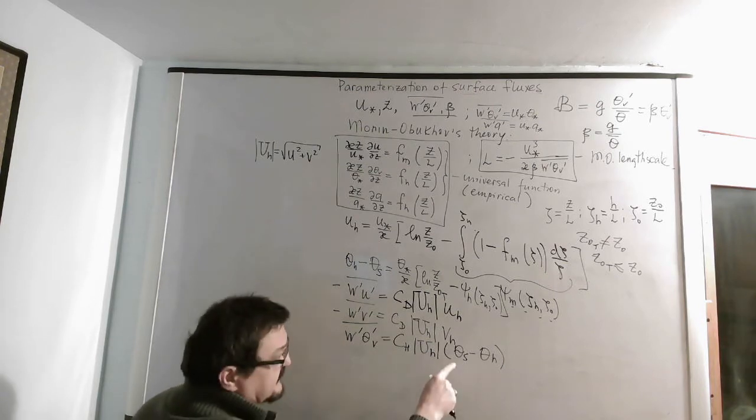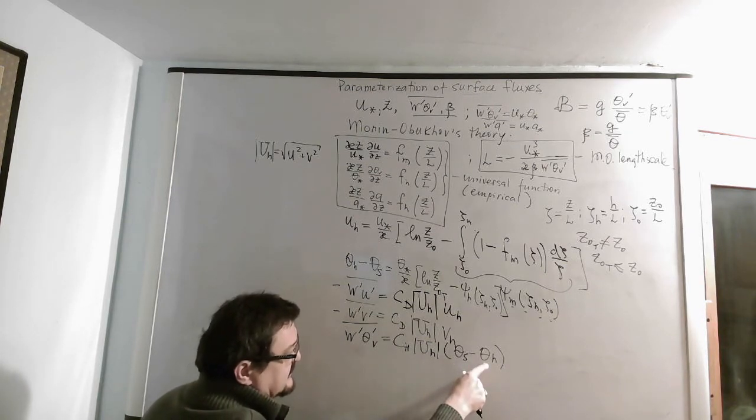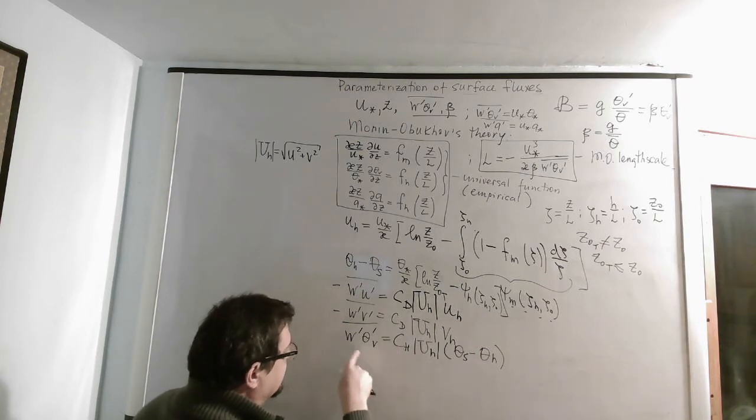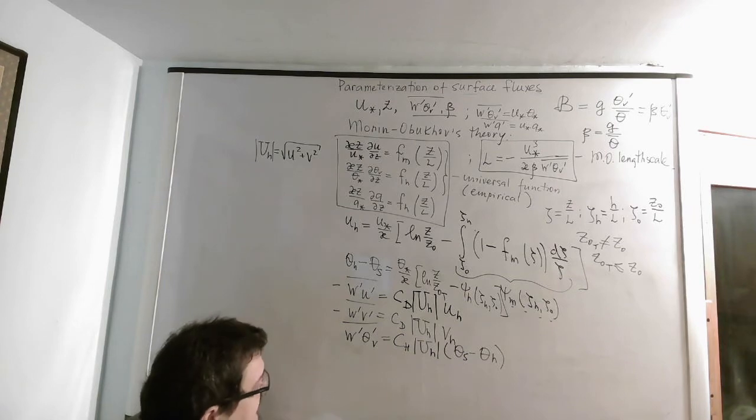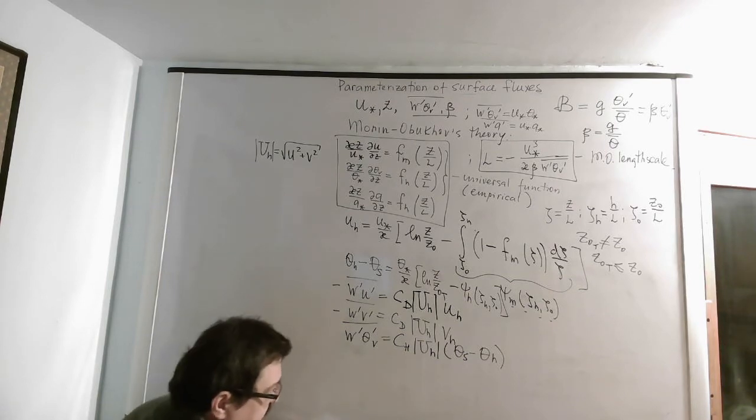So when the surface potential temperature is higher than the temperature at height h, it's going to be positive, so the heat flux is positive, it's going up. That's why it's defined. And similarly I would write it for water vapor, but you got the picture.